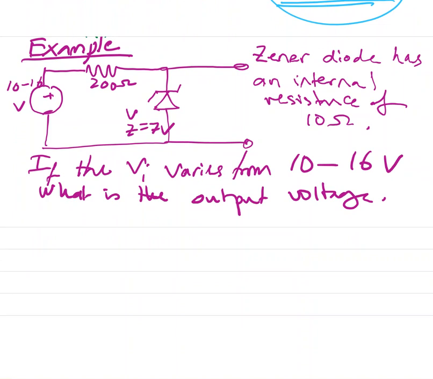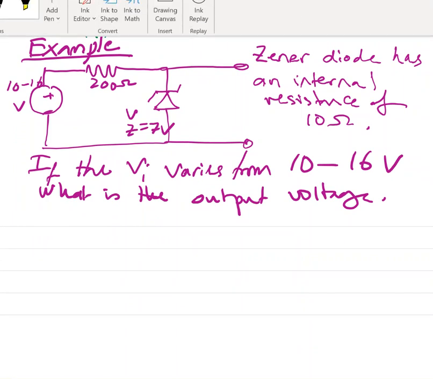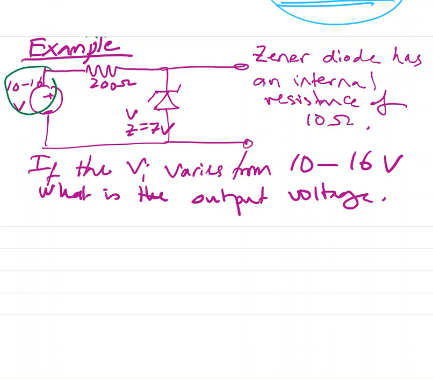Now this question can be solved by first understanding that since the voltage here is greater than the Zener voltage, this means that my Zener diode is going to work in the breakdown region.